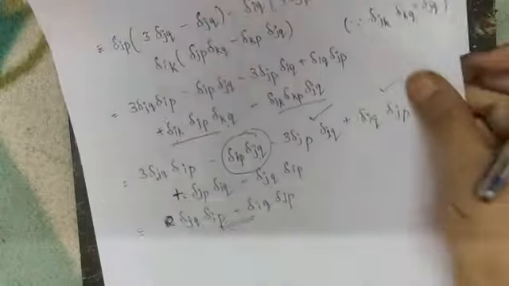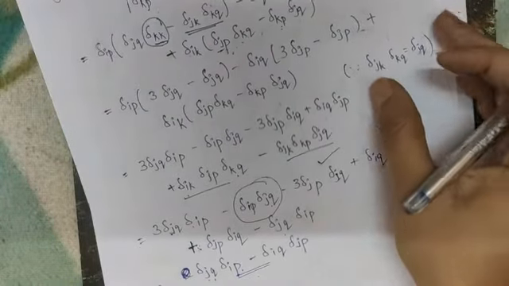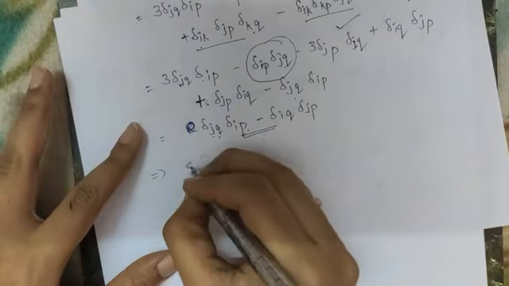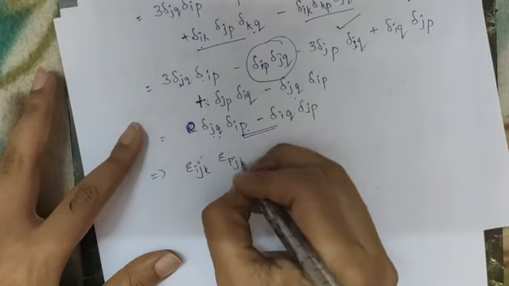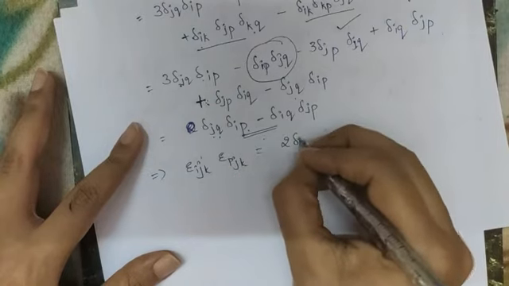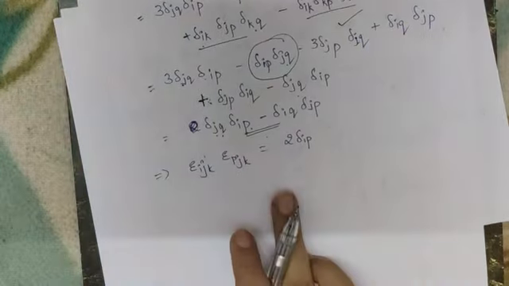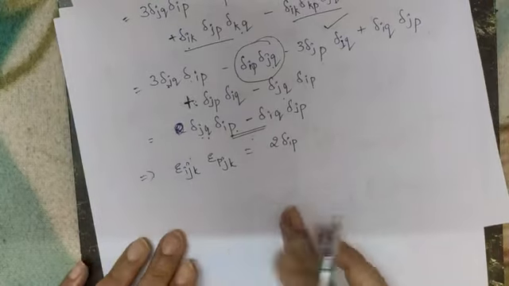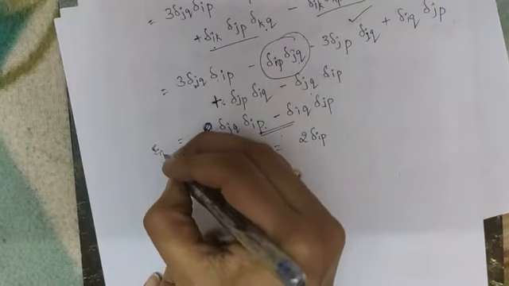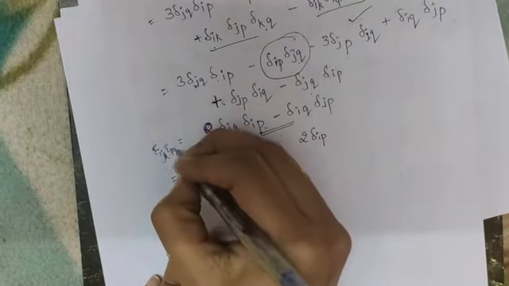So the next one we are supposed to prove is, we have to prove epsilon ijk, epsilon pjk is equal to 2 times delta ip. This is what we have to prove now. Okay. So what I will do is, I know the value of epsilon ijk, epsilon pqk.